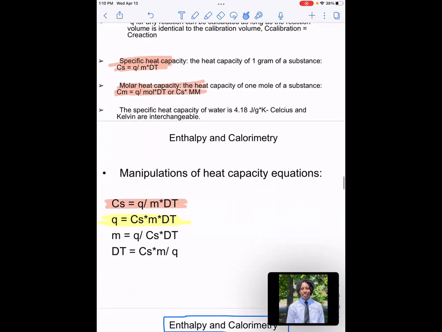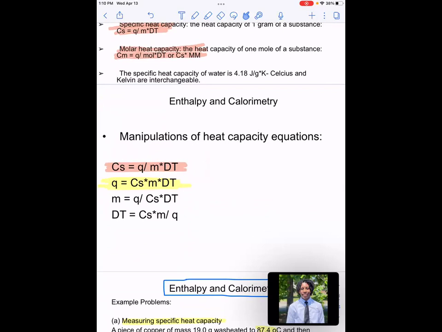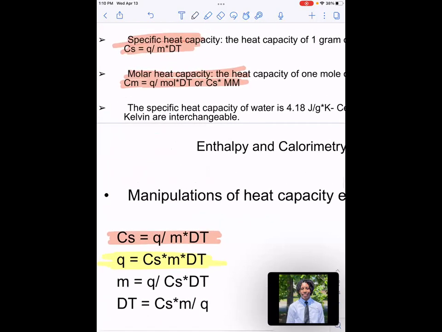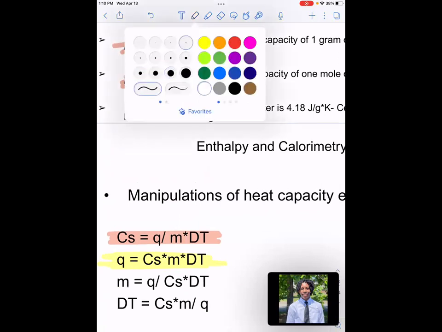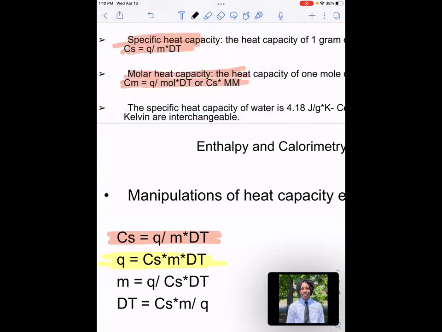And then we also talked about molar heat capacity. Well, we haven't talked about that, but that's another derivation of specific heat capacity. The only thing is you swap out, you can see right here, instead of mass, you have moles, right?